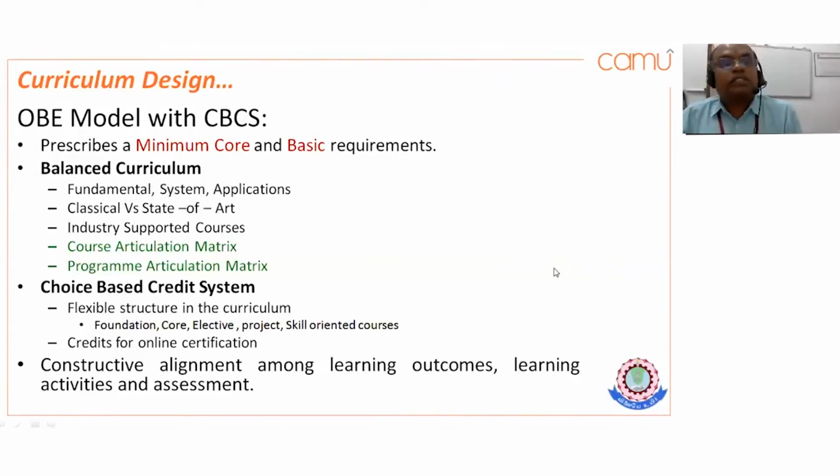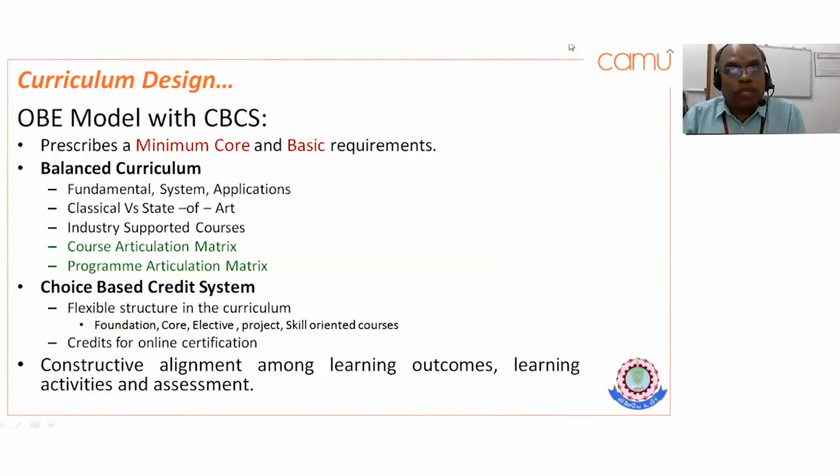Framework-wise, this is outcome-based education. As a course designer or curriculum designer, we can focus on outcome-based education. When we offer a particular course, whether a student selects it will be decided by them. We are giving that flexibility to the student. That implies it's a choice-based credit system.